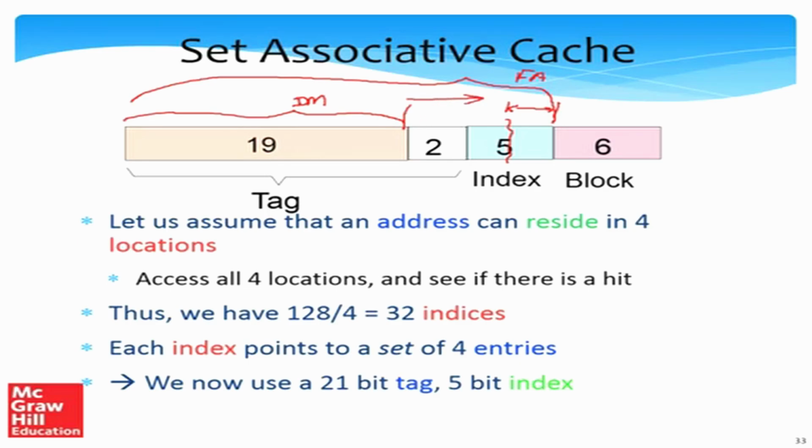Similarly, if we decrease the number of sets, then the tag will get larger and larger, and the index part will get smaller and smaller till we reach the fully associative point. At this point, a block can be in any of the 128 entries of the cache. So there is no index. The entire cache is like one set. At this point, the tag becomes the largest, which is 26 bits.